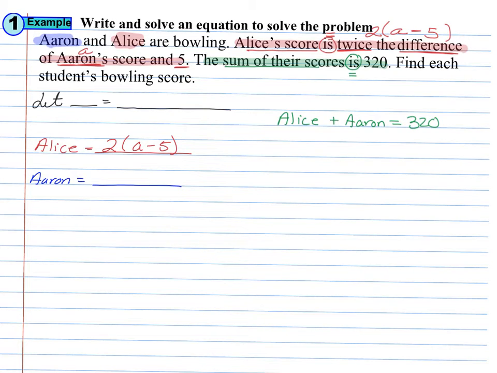Since the rest of the information doesn't tell me anything about Aaron, I'm going to say this A is Aaron, Aaron's just going to be little a. So all of our information is in terms of Aaron's information. So A is Aaron's bowling score.